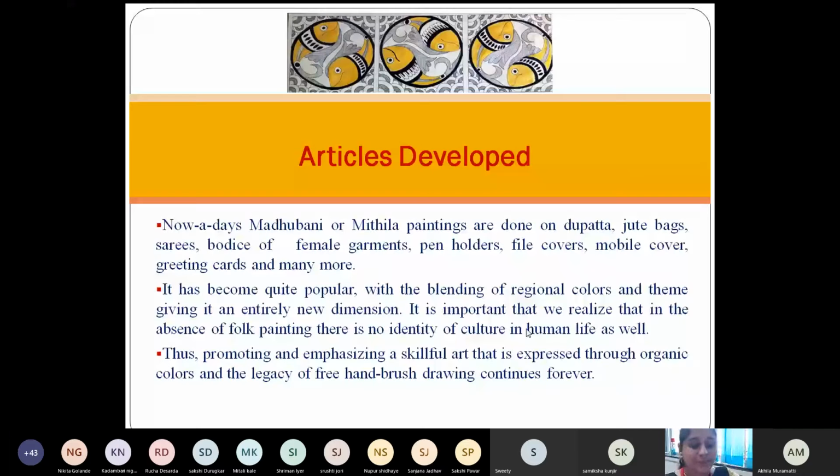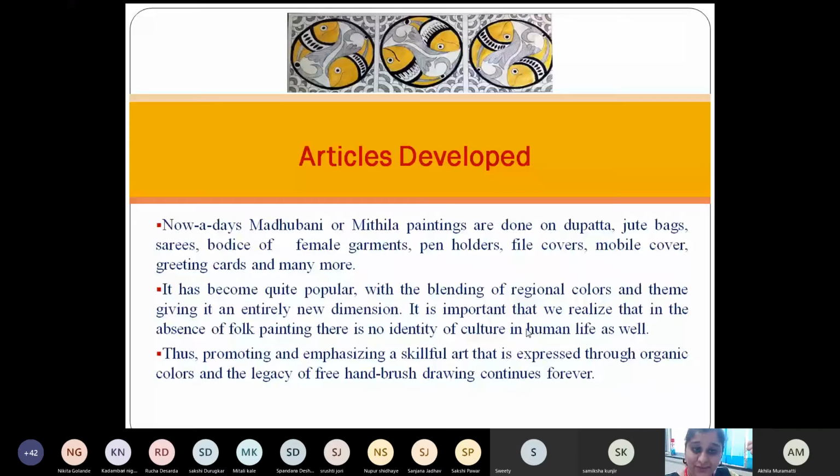So it has become very popular, and the blend of these regional colors and themes has given Madhubani a new dimension altogether. Now it is high time that we realize the importance of these folk paintings that are present across our nation.